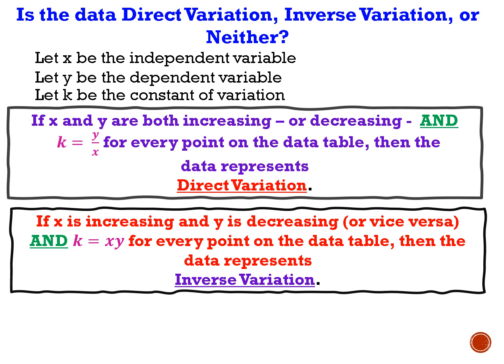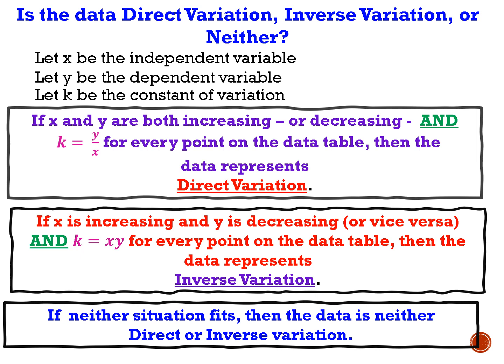Okay? So just to reiterate, if X and Y are both decreasing or both increasing, and they produce the same value when I put Y over X, it's direct variation. If X is increasing as Y is decreasing, or X is decreasing as Y is increasing, and when I multiply the X times the Y that gives me the same value, then it's inverse variation.